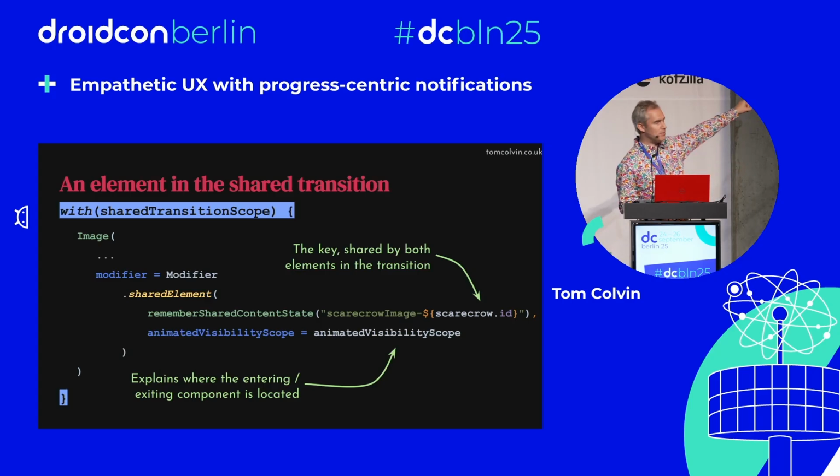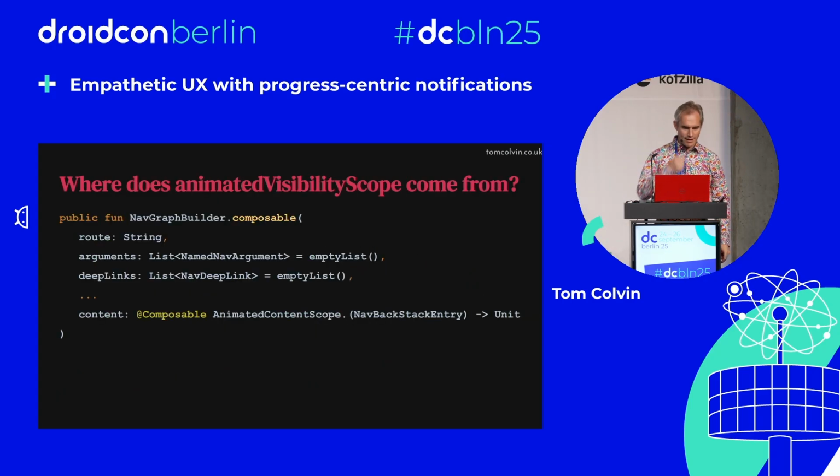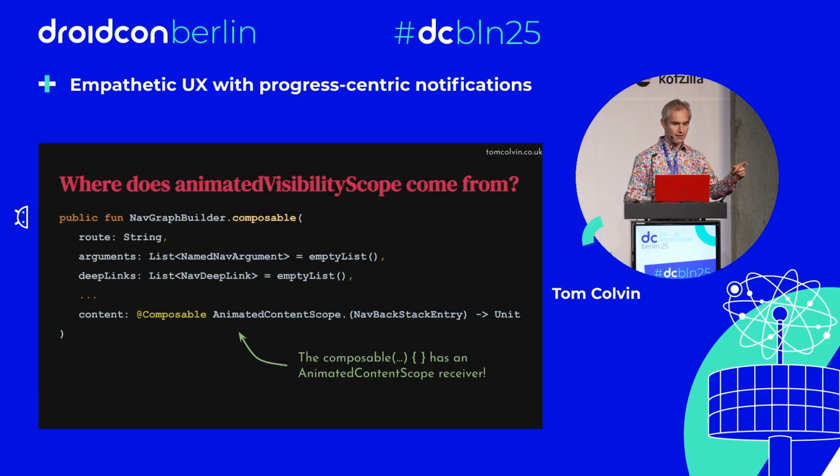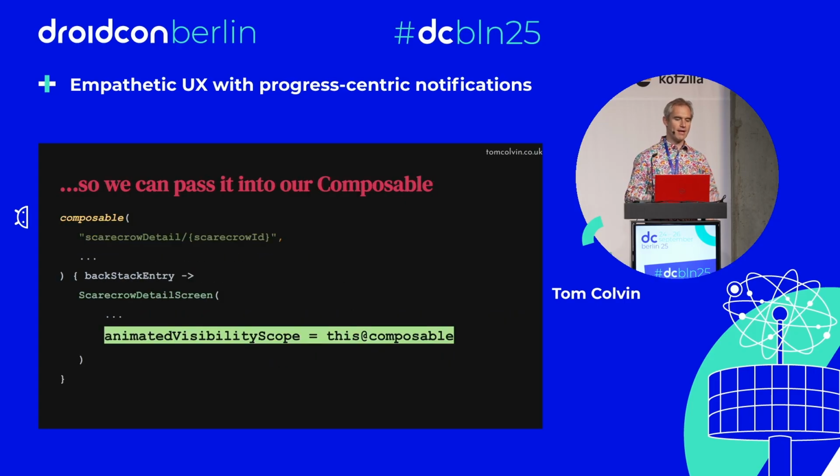So animated visibility scope, we need that one too. Where does that come from? Well, if we look at the code behind composable within our nav graph builder, actually there is a receiver that gives us an animated content scope. That is the argument that we need. So again, we need to pass that into the screen that we've defined in our nav graph as this at composable.